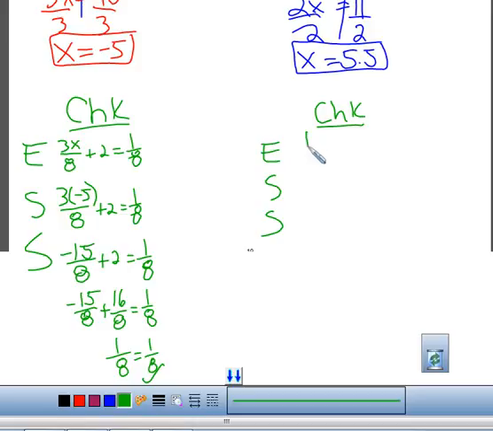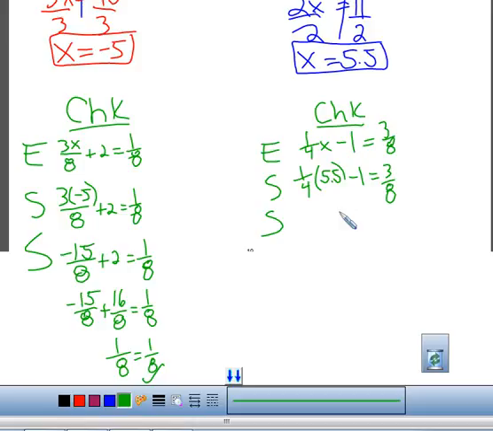Okay, next one. 1/4 x minus 1 equals 3/8. 1/4 times 5.5, or 5.5, minus 1 equals 3/8.